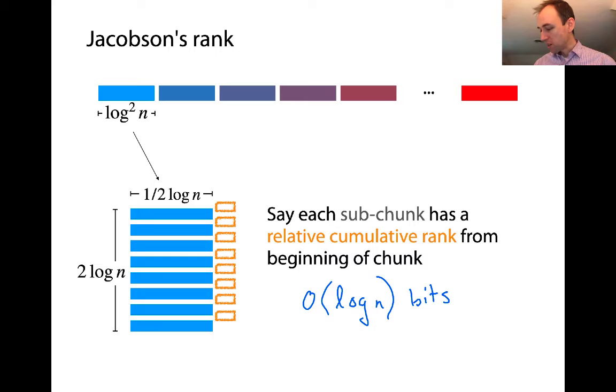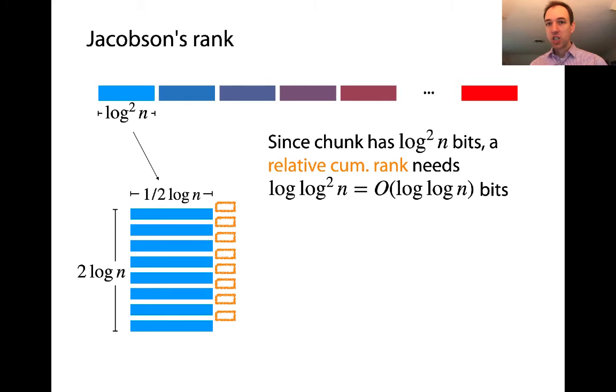But when we're in subchunk land, it's going to turn out that we only need big O of log log n bits. Well, why is this? Let's take a look. Well, because each chunk only has log squared of n bits in it.